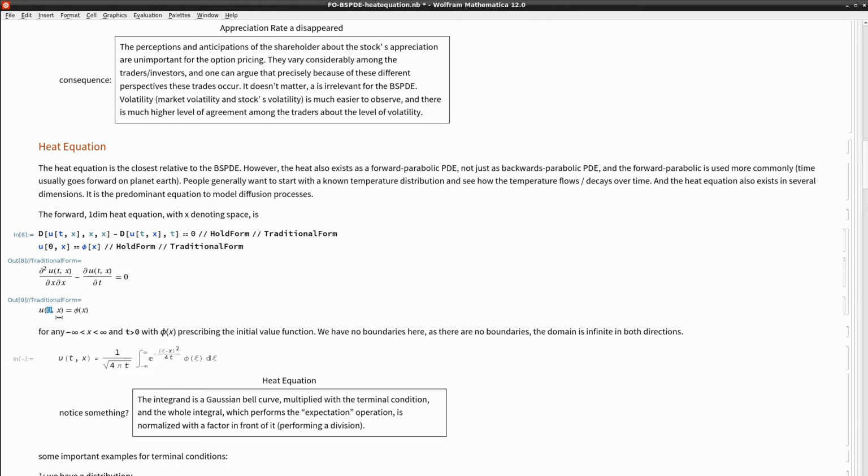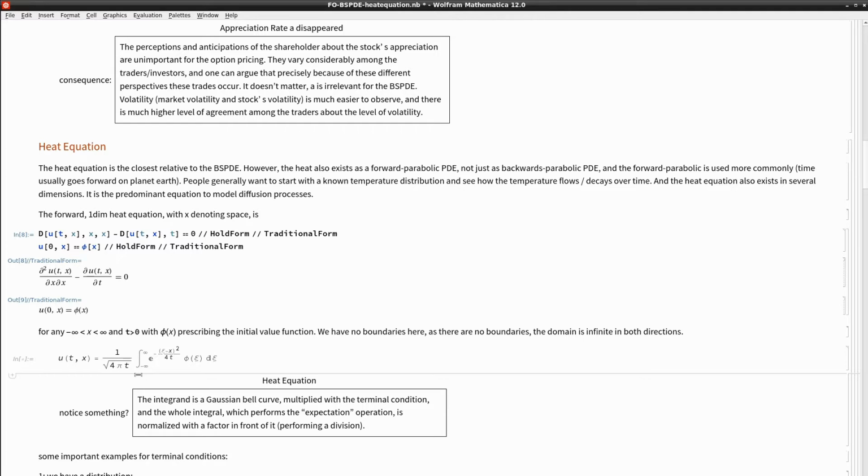We're going forward in time in this case, so we start at 0 and then go forward, and we multiply this with a Gaussian Bell integrand. You will remember from the last session, e to the minus, and now comes the independent variable squared, was the integrand for the Brownian motion, for the normal distribution.